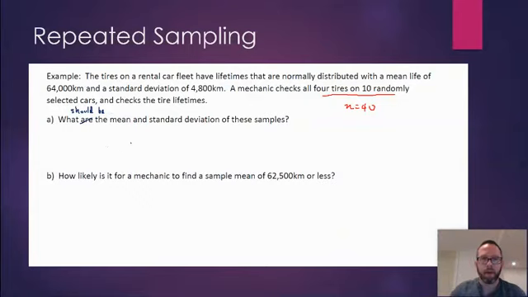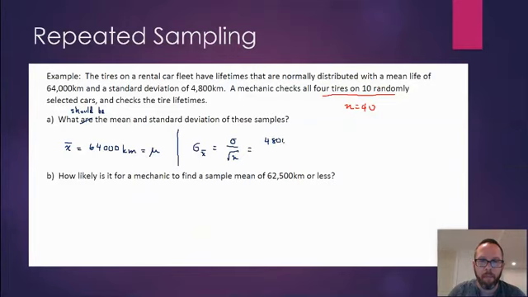But the idea is that the mean should be the same as mu, 64,000. What he's going to find is that if he took the standard deviation of these 40 samples, he gets a lower standard deviation. They're more tightly clustered together. We take the standard deviation from the original, 4,800, and divide it by the root of n, the root of 40.